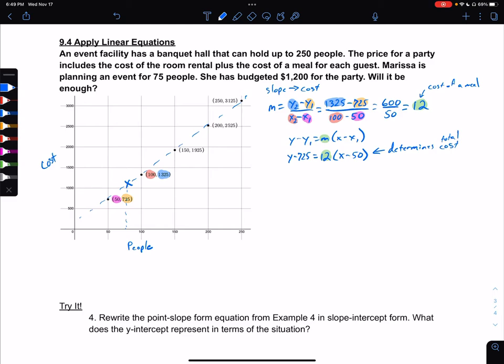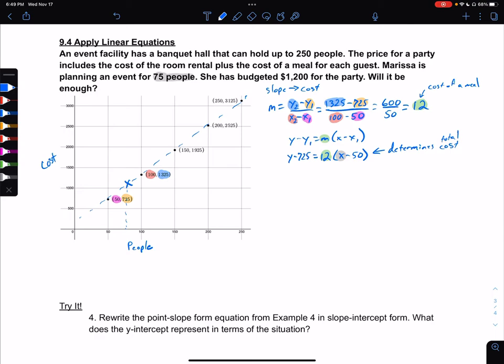This formula determines the total cost. That's the formula for my specific line. So now that we have that formula, we can figure out the actual cost based on whatever number of people we want, anywhere from 1 to 250 people. And the number of people, remember, is your x value. So in this specific problem, Marissa wants to plan an event for 75 people. So that 75 people represents our x value. That's how many people are going to be at this party.